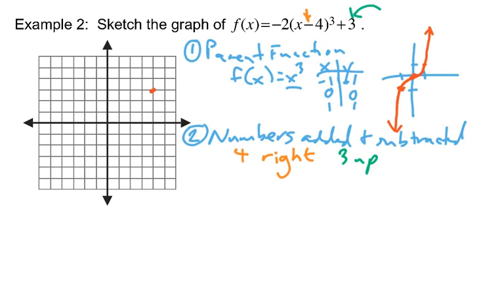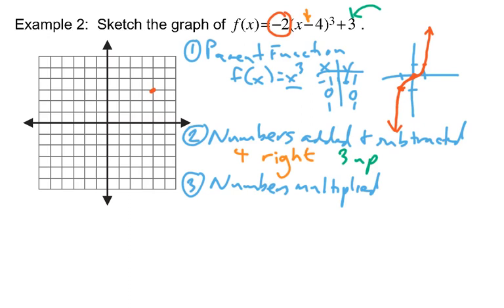Now, before I look at any of the other key points, what I need to look at next is any numbers that are multiplied. And again, where they are. I want to notice in this one that there is a -2 that's multiplied outside of the function.